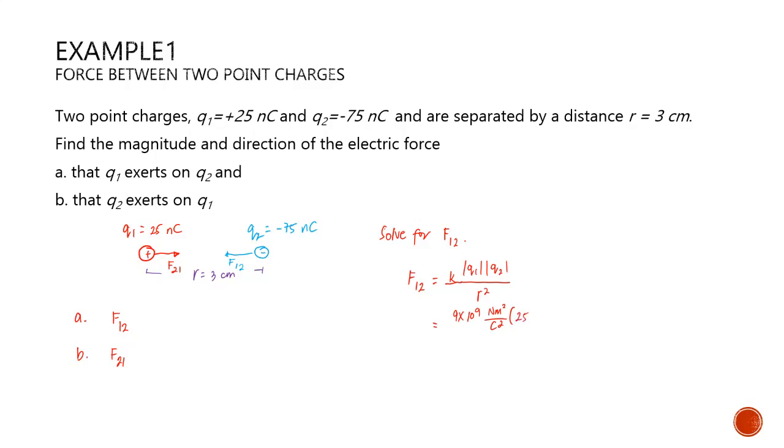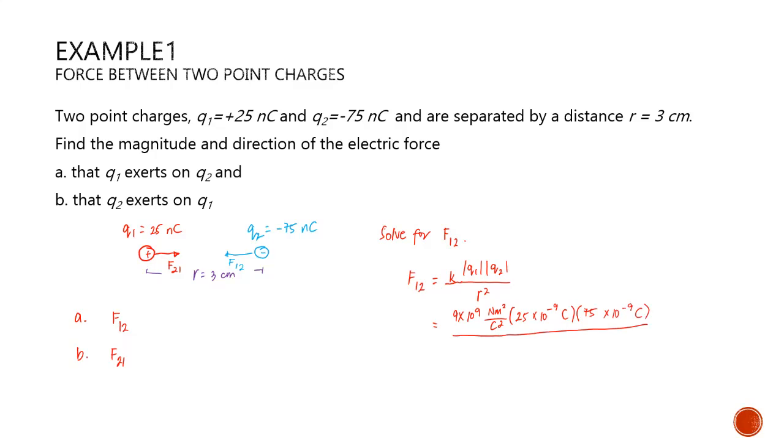So you can just write 25, and you use the SI base unit already, which is in coulombs. So nanocoulombs is times 10 raised to negative 9 coulombs. Then for Q2, again, you don't copy the negative sign. So it's also in nanocoulombs, so times 10 to the negative 9 coulombs. And then all over R squared.